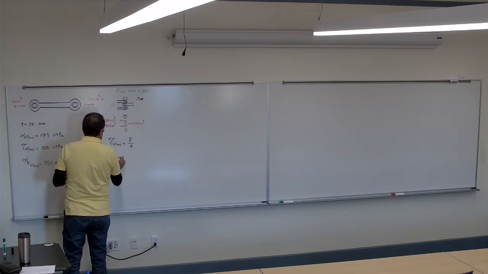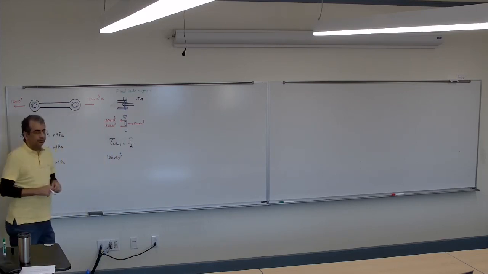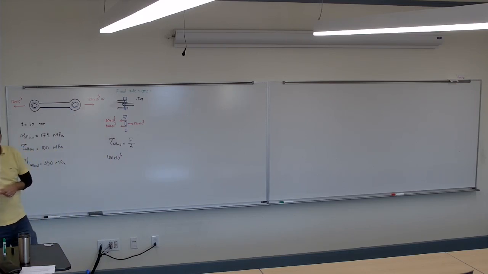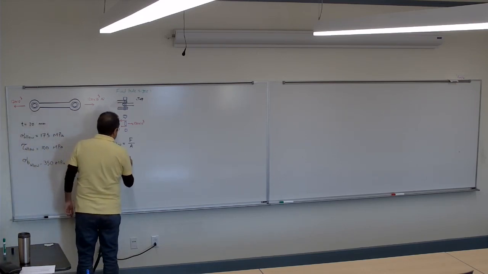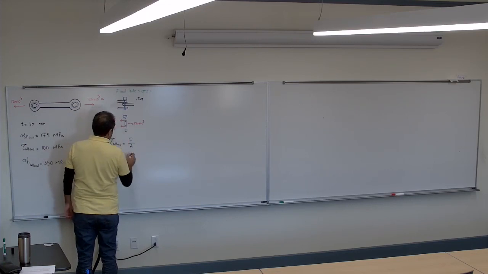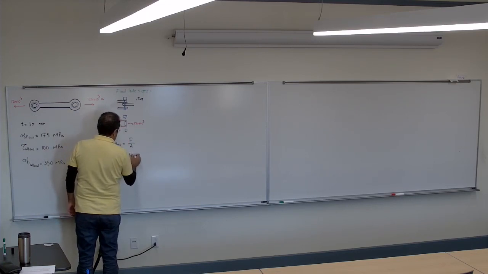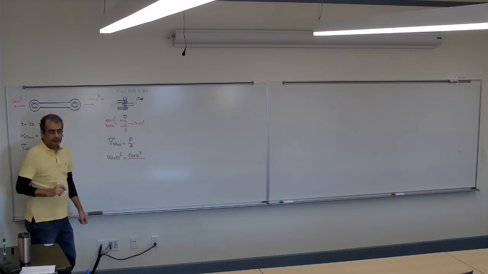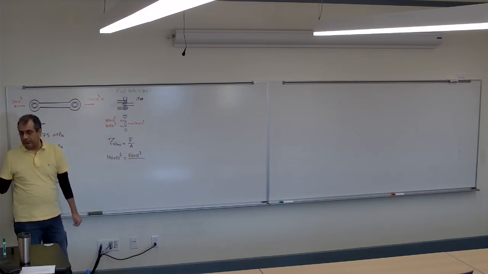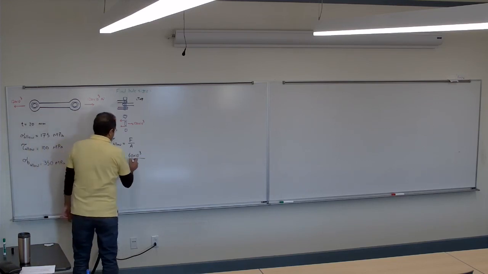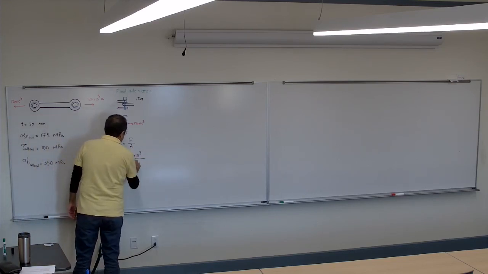So how much is the tau that I can have? 100 times 10 to the 6. Right? And then what's the force that I applied on the pin? 60,000. What's the area of the pin? I can use pi d squared over 4.